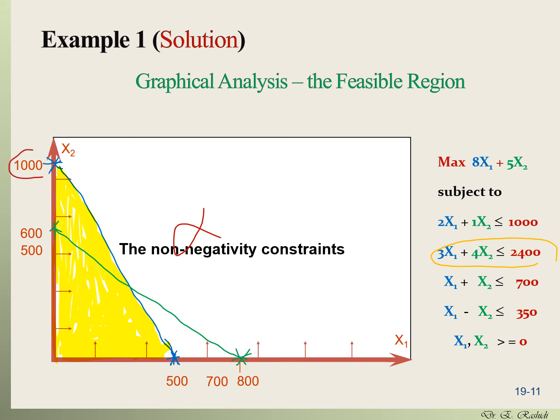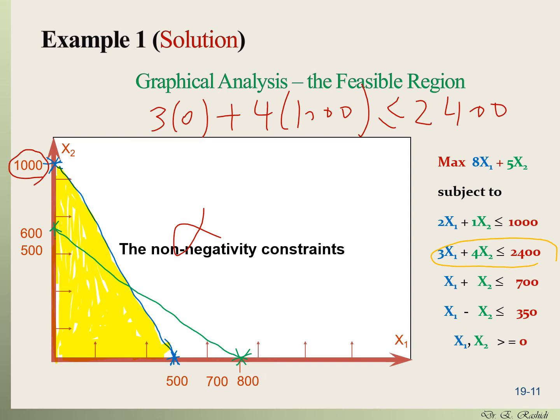Let's give it this point, where x1 is 0 and x2 is 1000, right? So that's 3 multiplied by 0 plus 4 multiplied by x2, which is 1000. This should be less than 2400. So that's 4000. 4000 is not less than 2400.